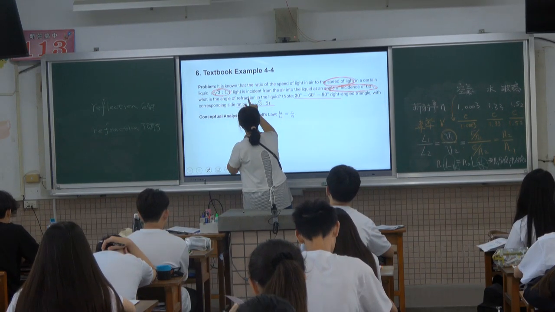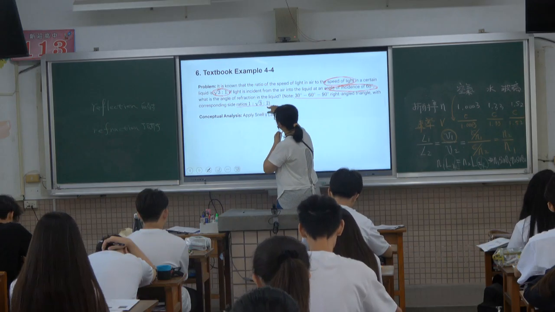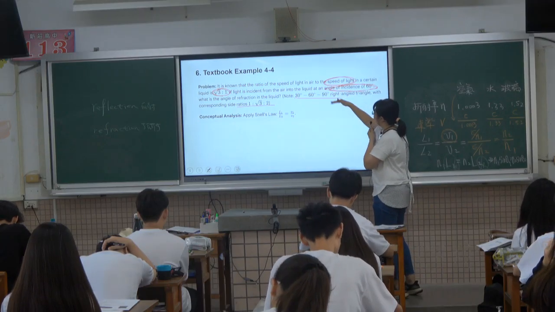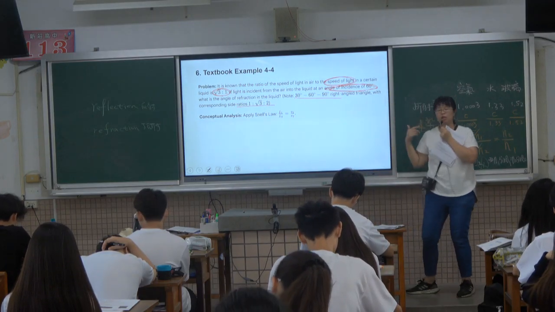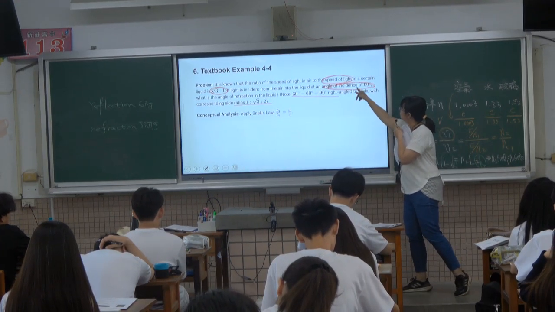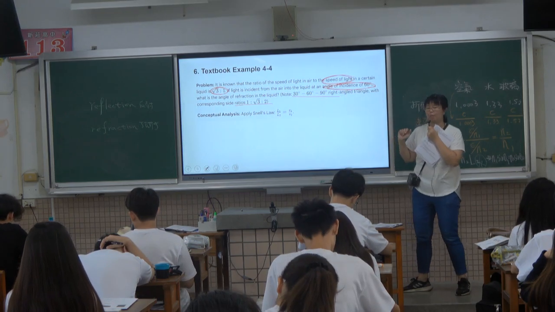Ratio is 1 to the square root 3 to 2. So from 3 key points, you can get the refraction angle.